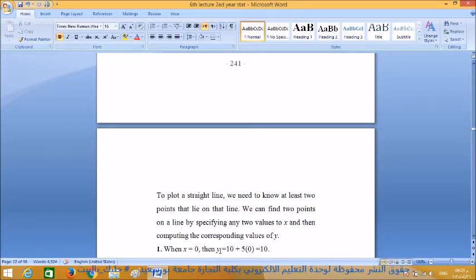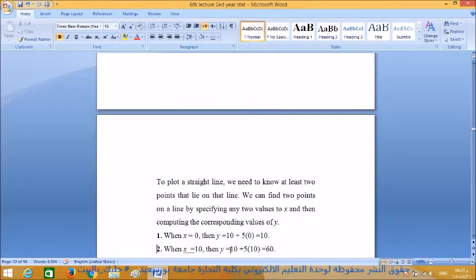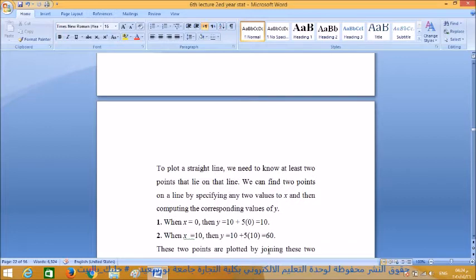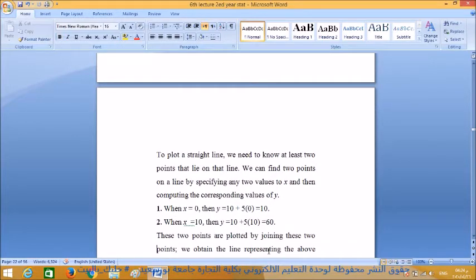So this is the meaning of a equals the y-intercept. When x equals 10, then y equals 10 plus 5 multiplied by 10, then y equals 60. These 2 points are plotted.